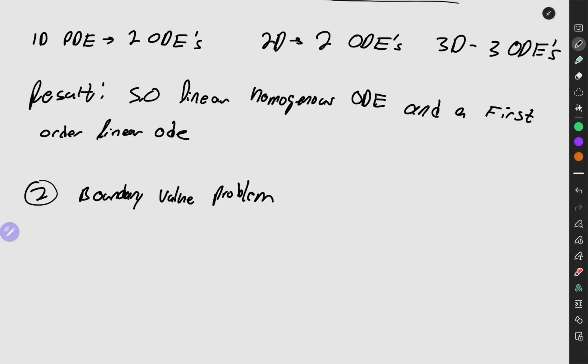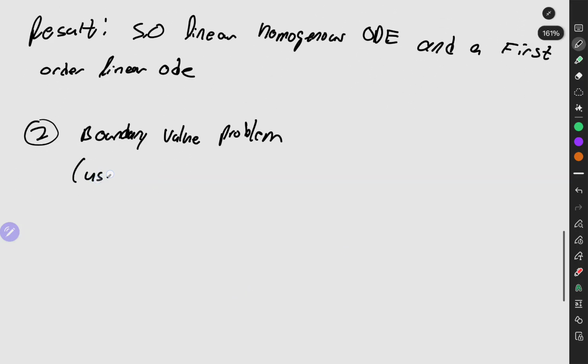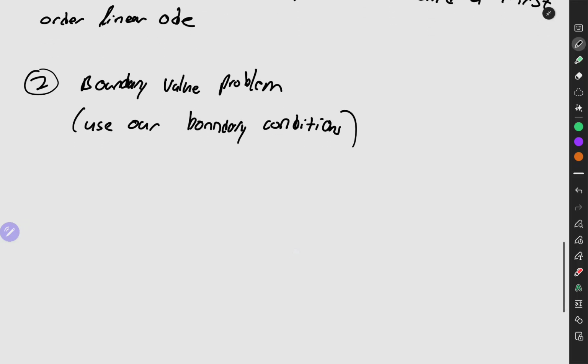So in the case of the heat equation, we're looking at a rod, and say for example we want to keep the ends of the rod at a constant 0 temperature. Well, those would be our boundary conditions, right? So what we do with this is we're going to use our boundary conditions. And what this does is what I will show you later on. All right, hold on.